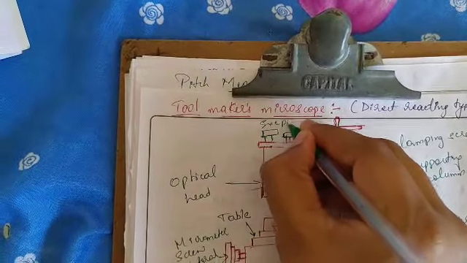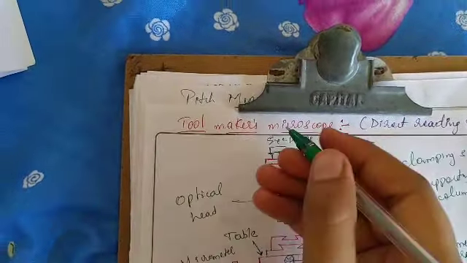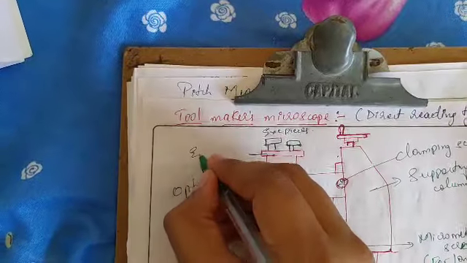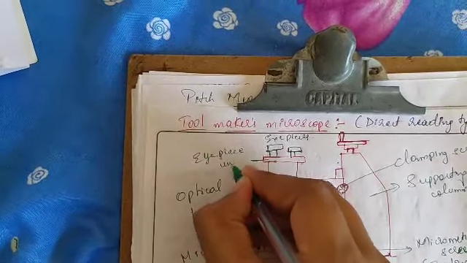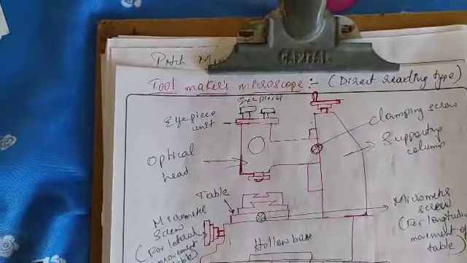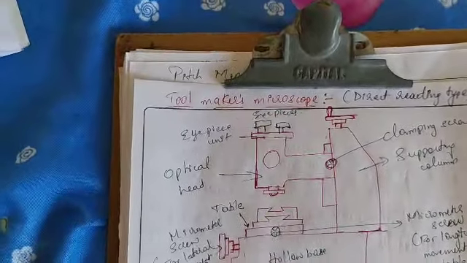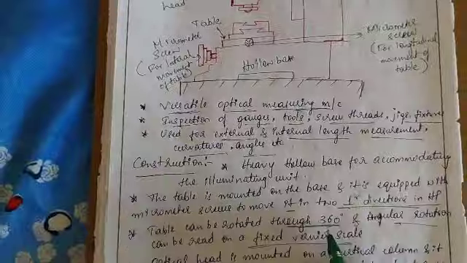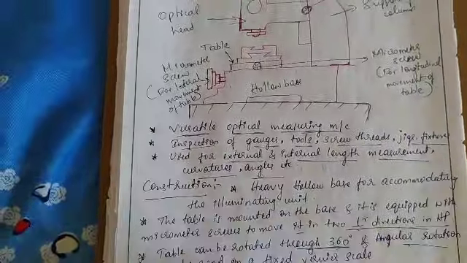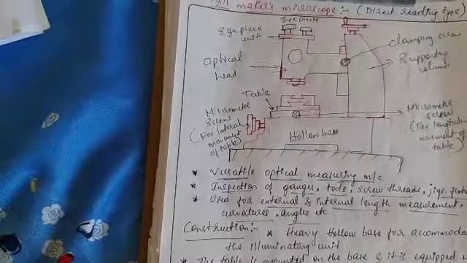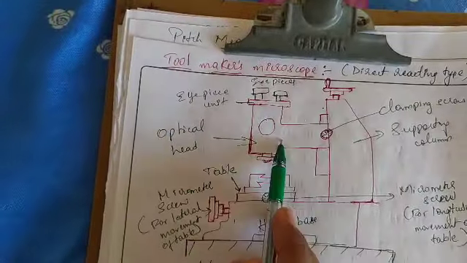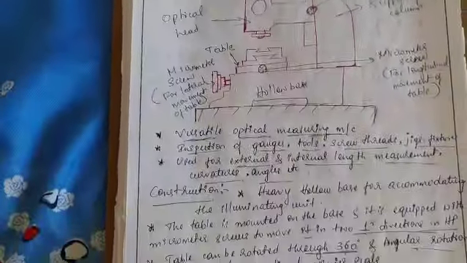These are the eyepieces, and this is the eyepiece unit. So this table can be rotated through 360 degrees, and the angular rotation can be read on the fixed vernier scale.